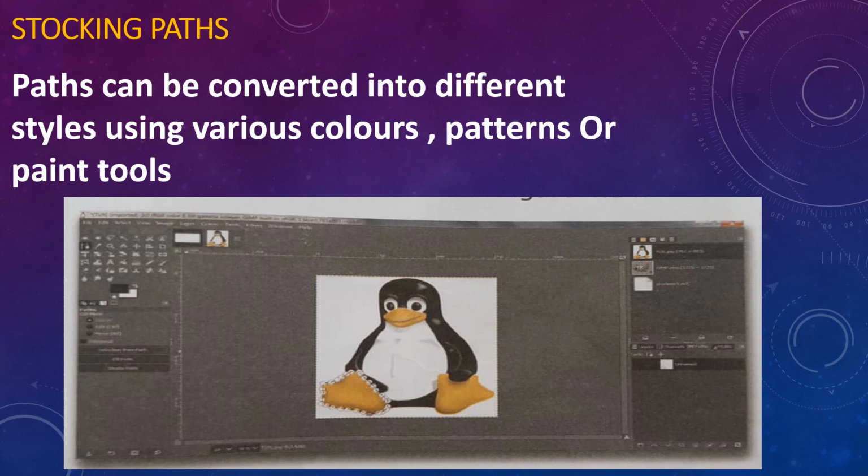From there we can make the changes of solid color or pattern, whatever you require. Then click the stroke with paint tool option and select the required tool from the paint tool drop-down list.